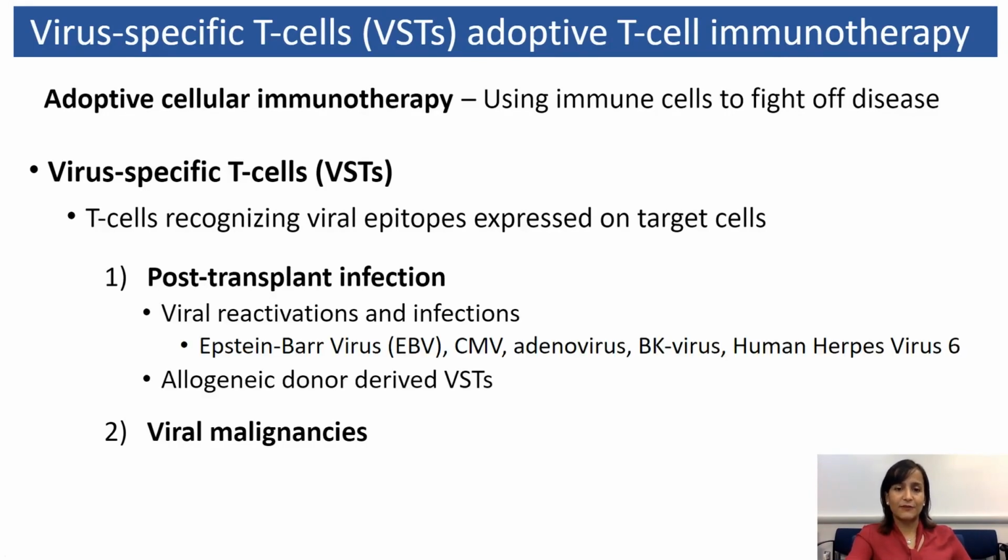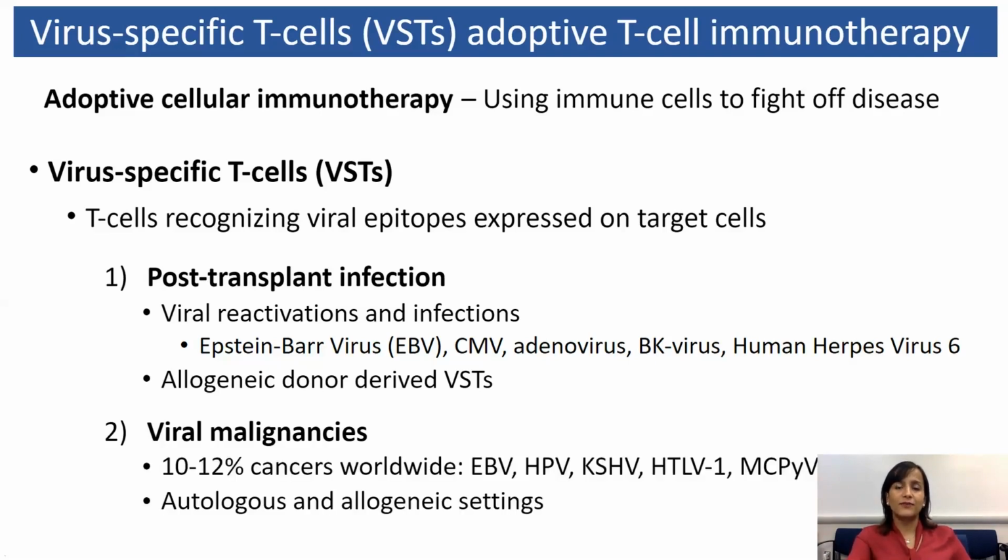For post-transplant infection, it is used against viral reactivation and infection, where I've listed all these viruses, as you can see here: Epstein-Barr virus, CMV, adenovirus, BK virus, and many more. This is mostly used in an allogeneic donor-derived VST setting. Next, against viral malignancies, we know that 10 to 12% of cancers worldwide are caused by oncogenic viruses, and I have listed here the 5 most oncogenic viruses.